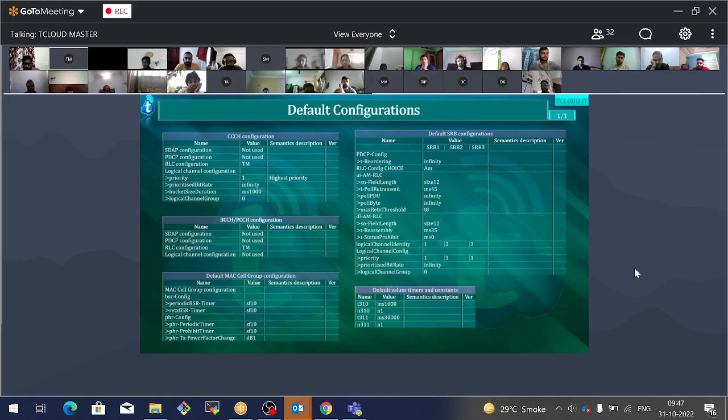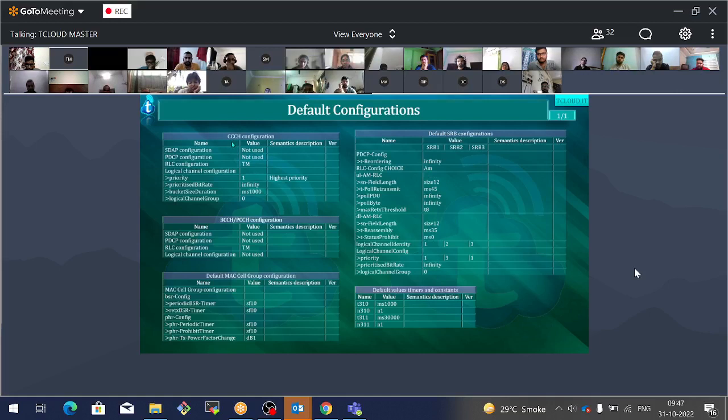But if the network did not provide any SRB1 configuration during the RRC connection setup, then the mobile will have to apply this configuration. But if the network provided SRB1 configuration, then whatever details are provided will override these default configuration values.